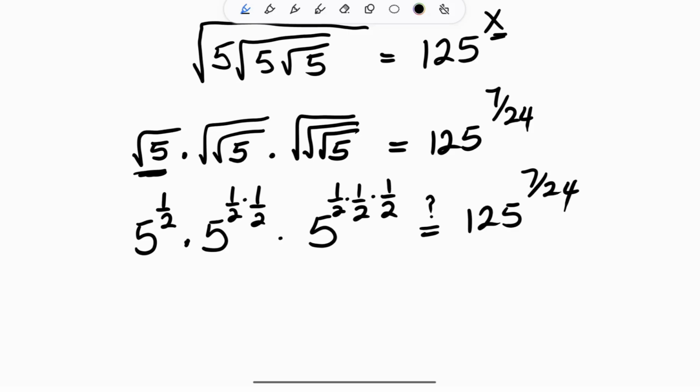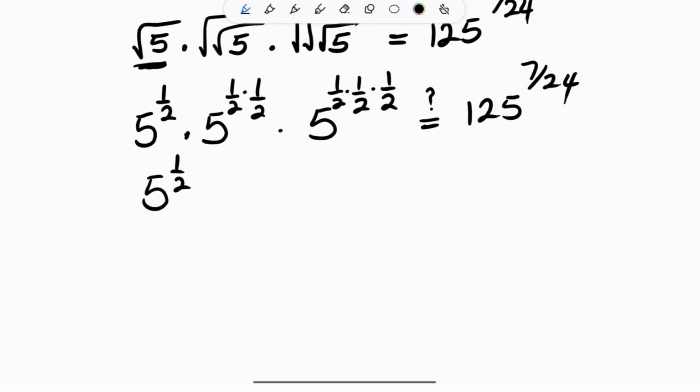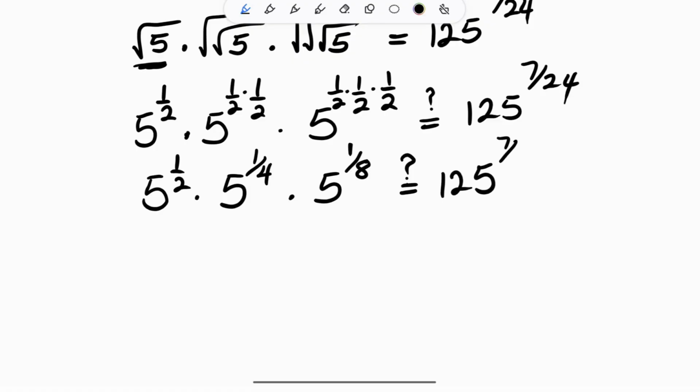What we're trying to achieve is to see if our left-hand side will be equal to our right-hand side. So here we have 5 raised to the power 1/2 times 5 raised to the power 1/2 times 1/2, which gives us 1/4, and 1/2 times 1/2 times 1/2 will give us 1/8.